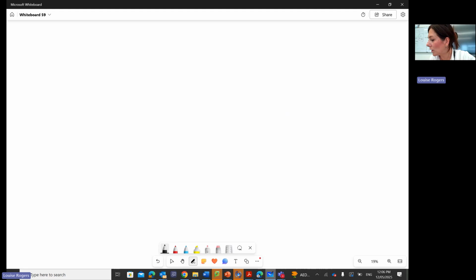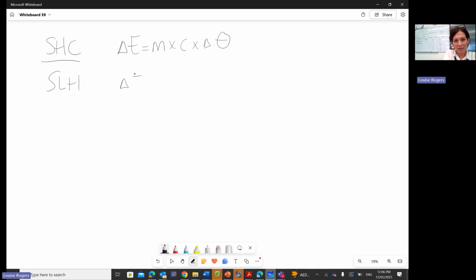Okay, next one. Okay, density is easy. All right, we're not going to go through any density at the moment. Let's talk about now specific heat capacity and specific latent heat. So specific heat capacity equation is change in energy equals mass times specific heat capacity times change in temperature, and specific latent heat is change in energy equals mass times latent heat.